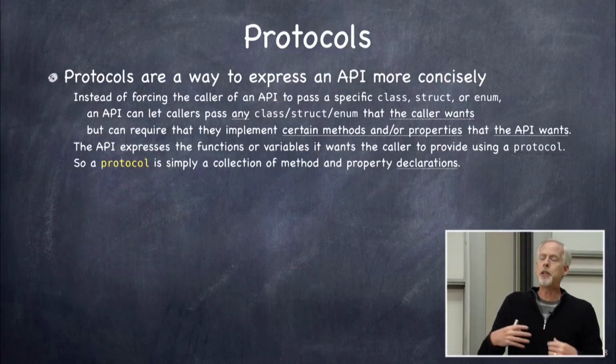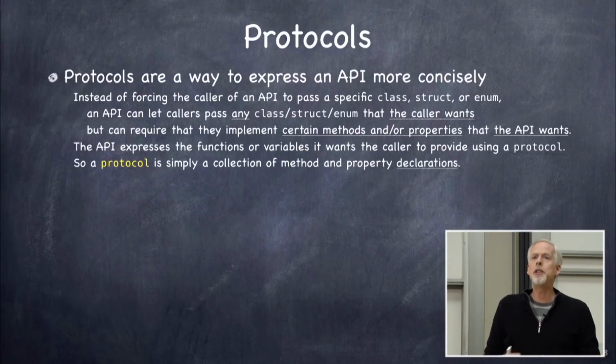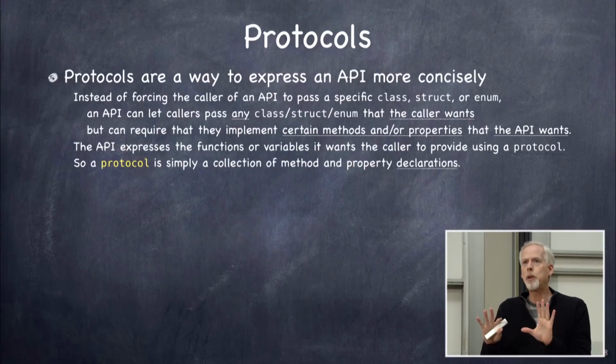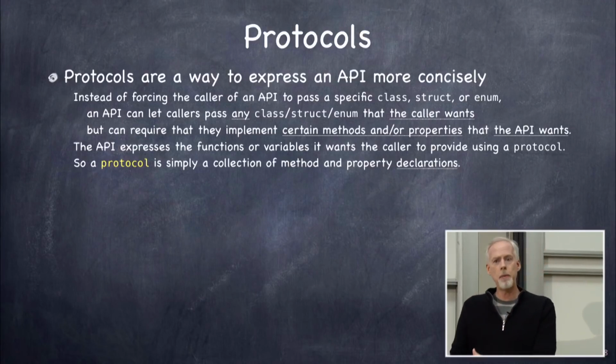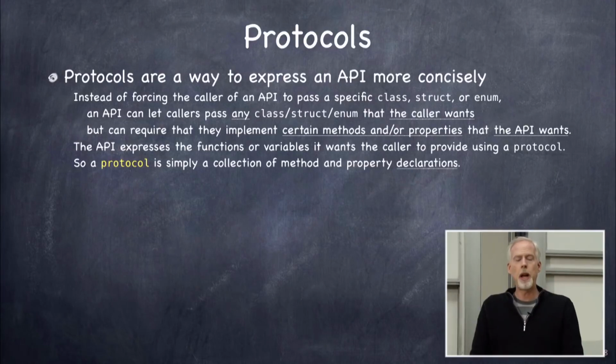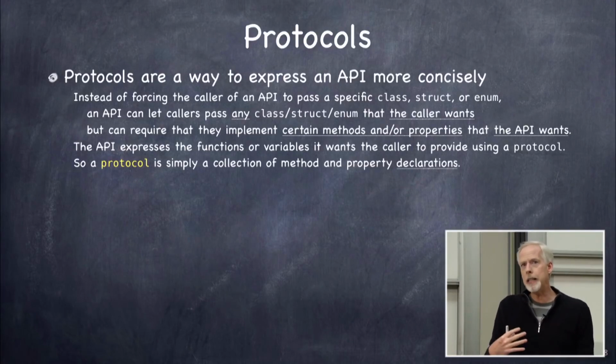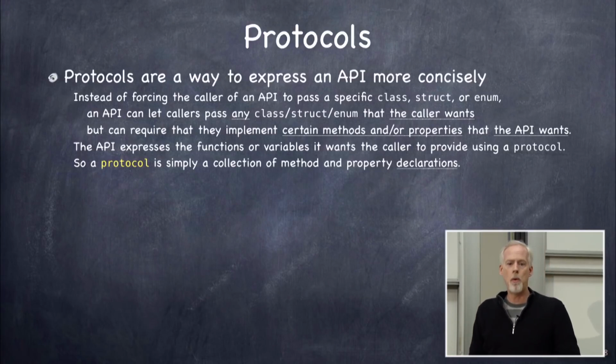Okay? And to do all this, all a protocol is is a list of vars and functions. That's all a protocol is. It's just a list of them, not an implementation of them, anything, just a list of them. Okay? And it's how we use them in the API that lets us get this behavior of having the callers and the callees get to express things the way they want.